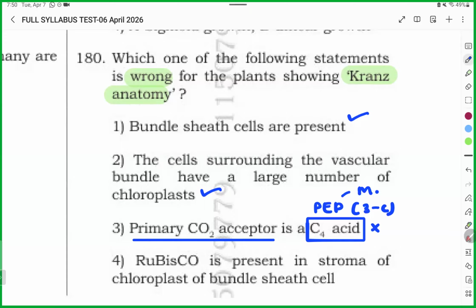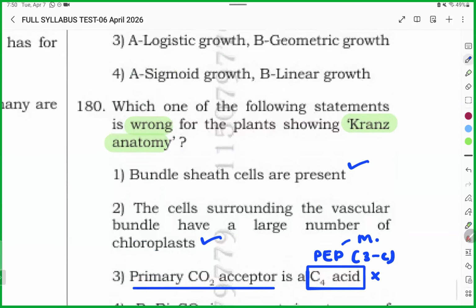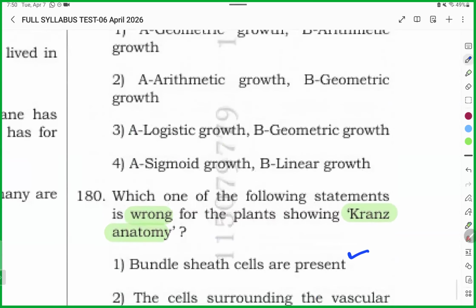And Ryan: Rubisco is present in the stroma of the chloroplast of bundle sheath cells in C4 plant. Yes, sir. Now tell me, after reading NCERT, the question looks a bit easier and every statement is clear cut.